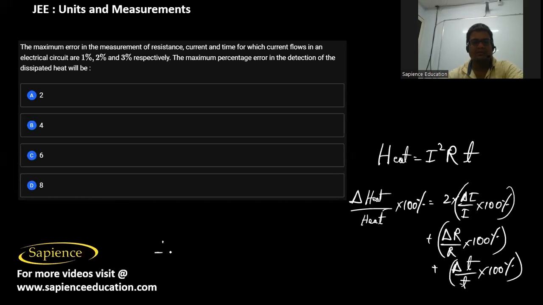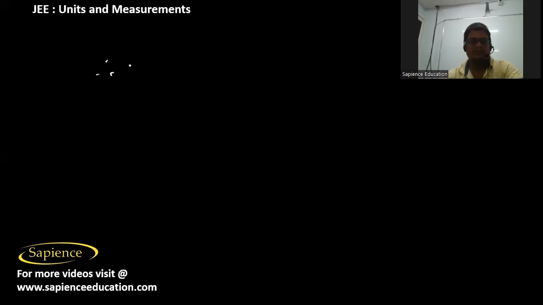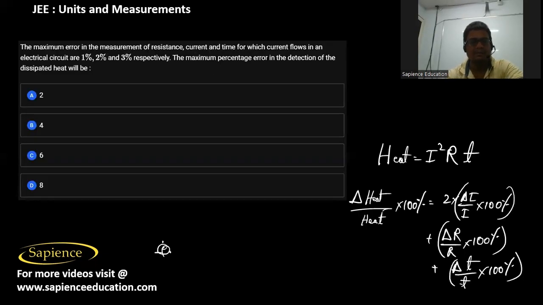So therefore, the maximum percentage error in the measurement of the dissipation of heat is equal to 2 into, for resistance, that is 1%.